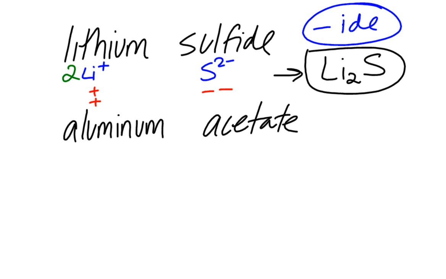All right. On the worksheet, you're going to have to do both of these. You're going to have to identify the cation, the anion, and what the final formula is. All right, so let's take a look at another one.